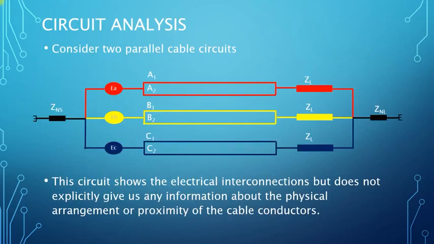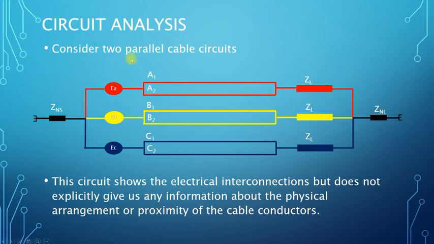If we consider the electrical characteristics where we have two parallel cable circuits supplying a load, then the electrical connectivity would look like the diagram shown in this slide.